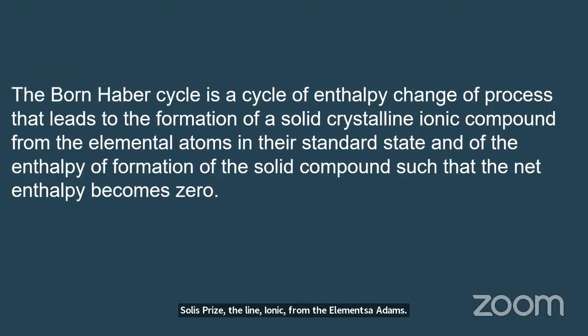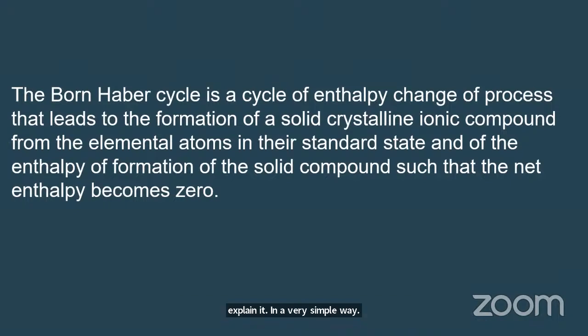Please underline the elemental atoms. From the elemental atoms in their standard state, and of the enthalpy of formation of the solid compound, such that the net enthalpy becomes zero. Do not bother yourself about this grammar. I am going to explain it in a very simple way.